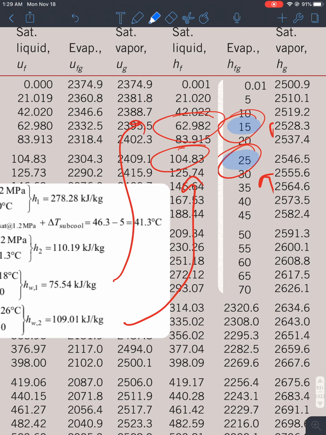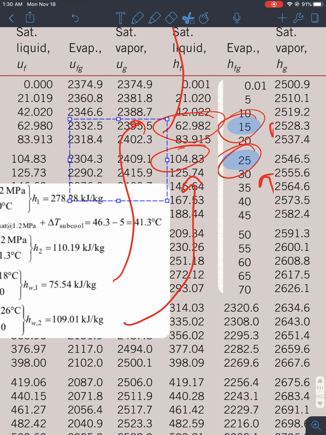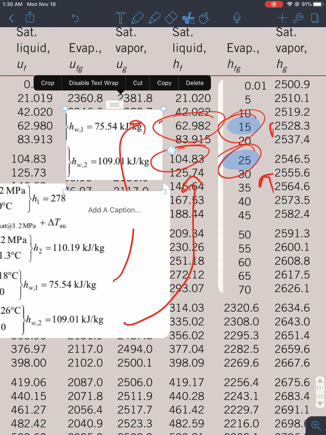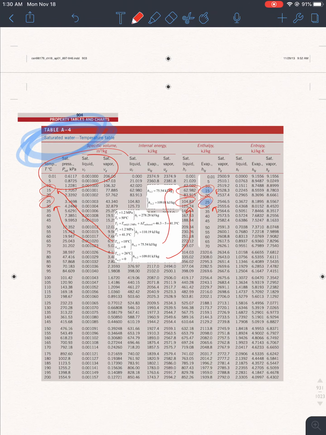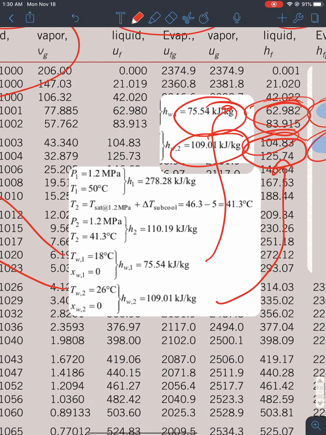So this is what we're looking at: 15 degrees and 25 degrees. Here for the enthalpy, look here: specific volume, internal energy, enthalpy, entropy. 75 is between these two numbers. 109 is between these two numbers.